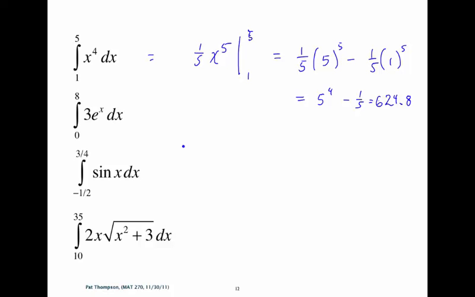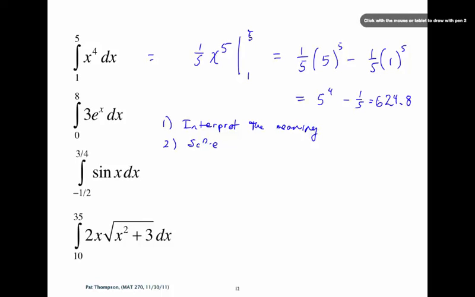Okay, so I want you to, with the person next to you, interpret the meaning of the expression. Practice that. And then find its value. Right?